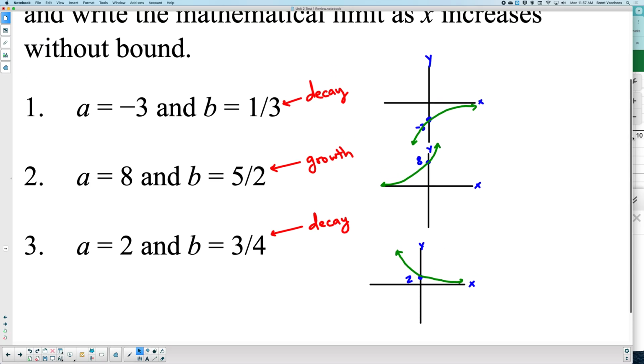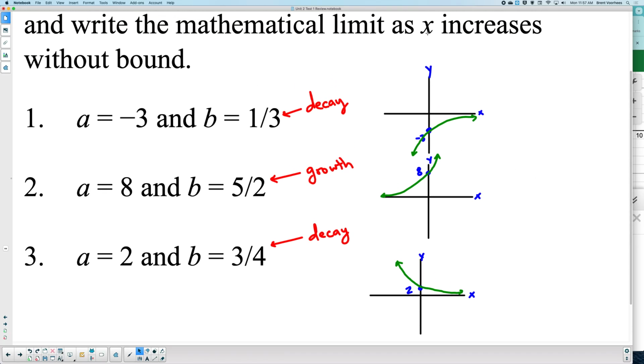To finish this off, it says write a mathematical limit as x increases without bound. Someone give me as a symbol, what does it mean for x to increase without bound? X going to infinity. So in all these, we're going to talk about what happens as x goes to infinity. For this first one, I'm going to call it f of x.